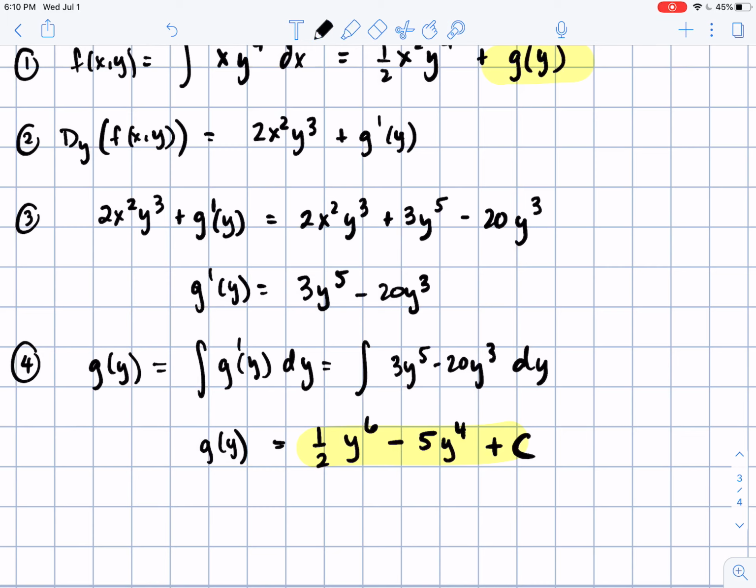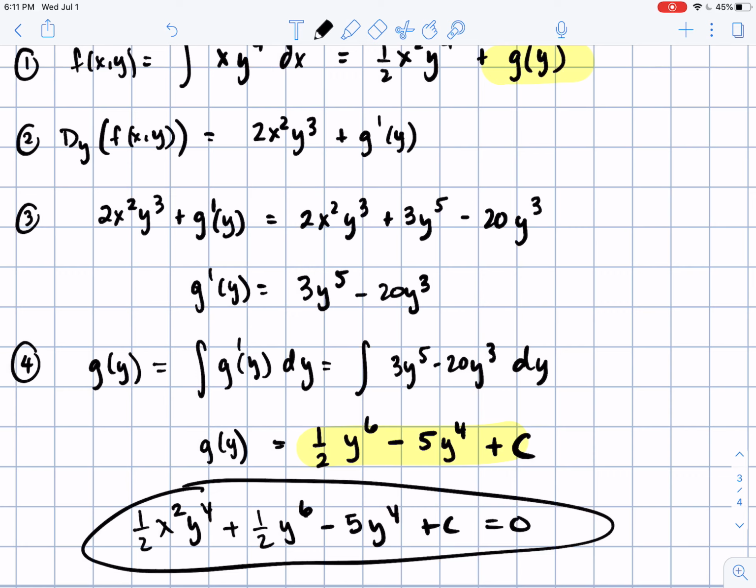So we get 1/2 x squared y to the 4th plus 1/2 y to the 6th minus 5 y to the 4th plus c equals 0. And there's your final solution. All right, and that's exact equations.